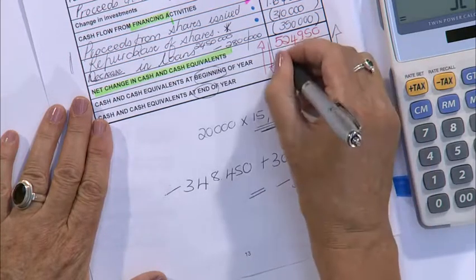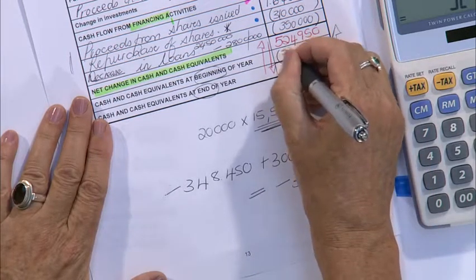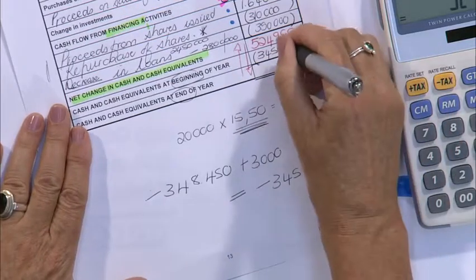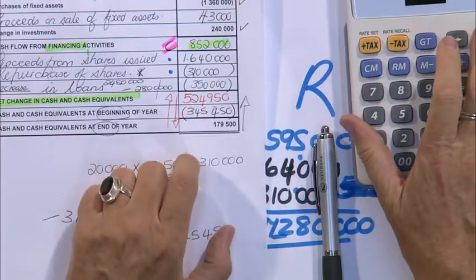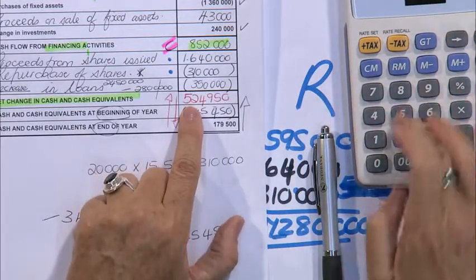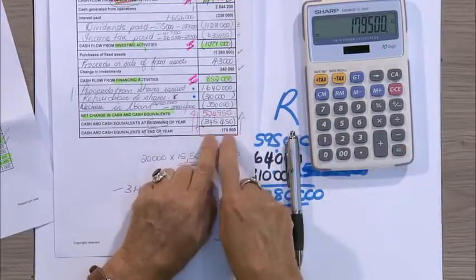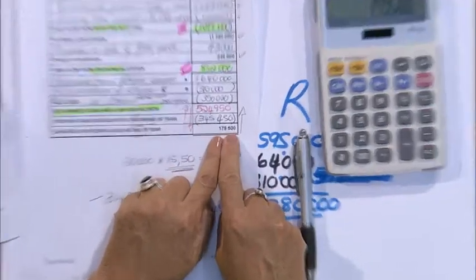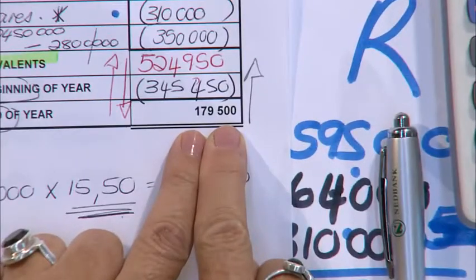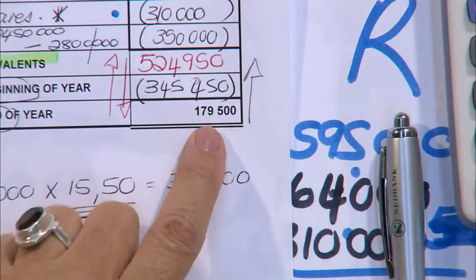Let me see. Wonderful. Look what happens now. 345,450. Now please remember, top down, bottom up. 524,950 minus 345,450. Wonderful. That's why I love cash flow. Look at that. Double check top, bottom up if you want. It's a positive.